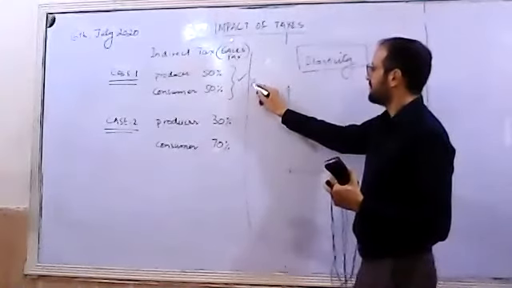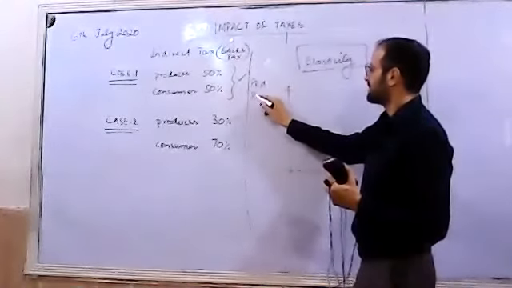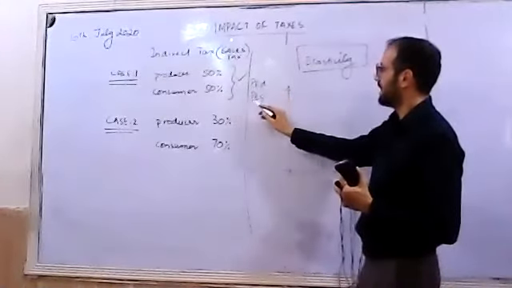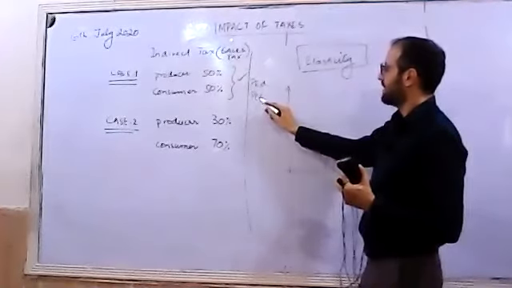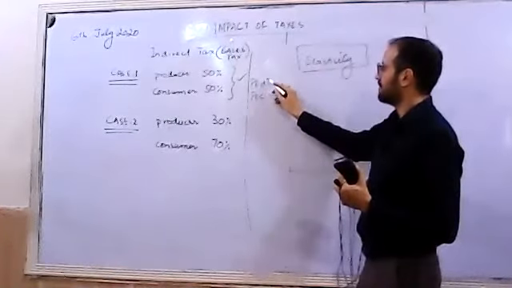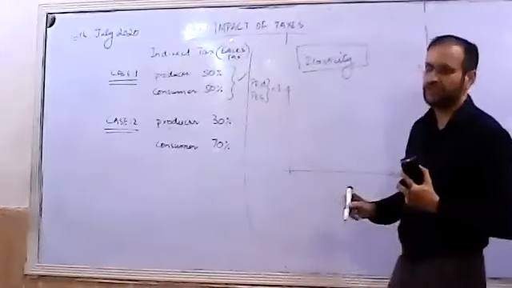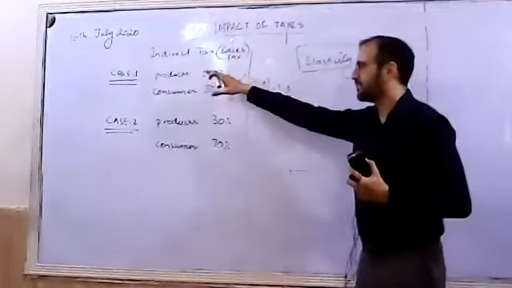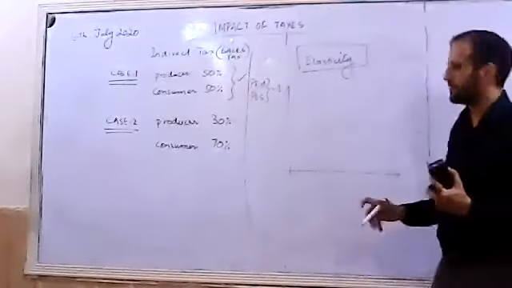When the price elasticity of demand and the price elasticity of supply, I'm abbreviating them PED and PES, are both equal to 1, which means unity, then it is very much possible that both the producers and the consumers are going to share the burden.